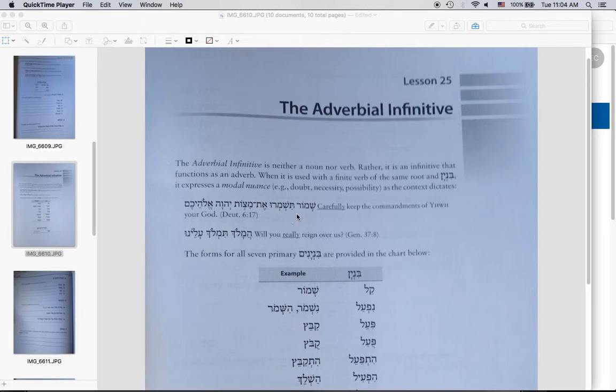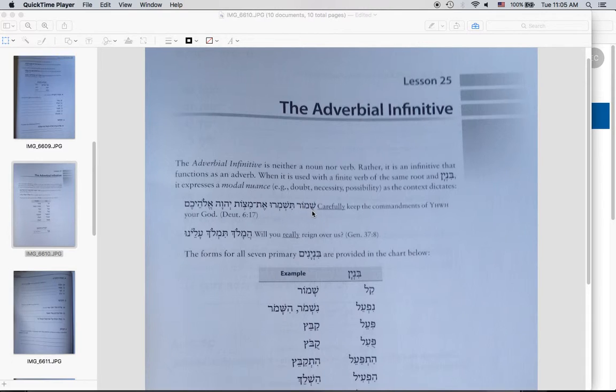Let's take a look at Deuteronomy chapter 6. Shamor tishmaru et mitzot Adonai Elohechem. This is our adverbial infinitive here. It is preceding an imperfect. They have exactly the same root. See the shin, mem, resh, shin, mem, resh.